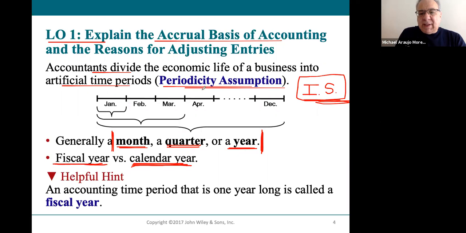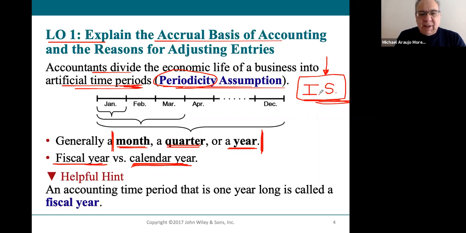And it's important because it's a period of time. Periodicity is about those artificial time periods, right? And no statement is more important in telling us about that period of time than the income statement. Remember, when you look at an income statement, it'll say for the period of, right, for the month of October, for the year ending December, whatever.